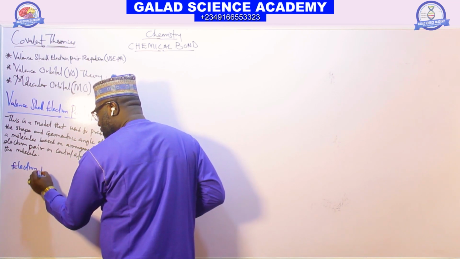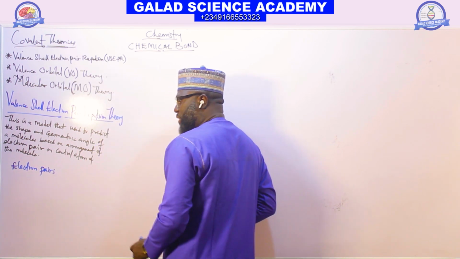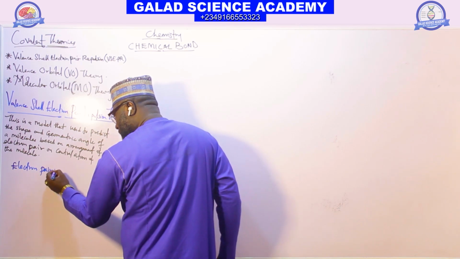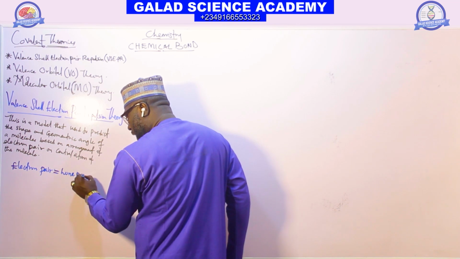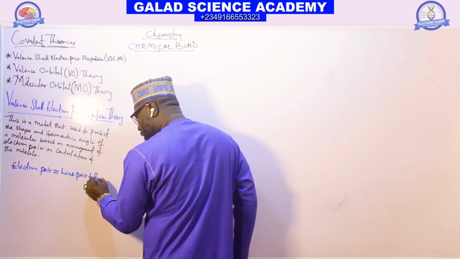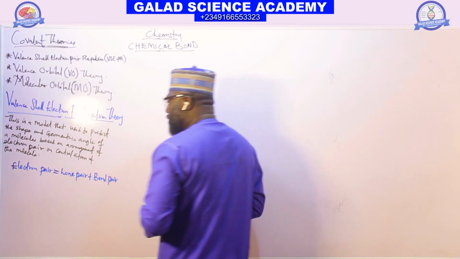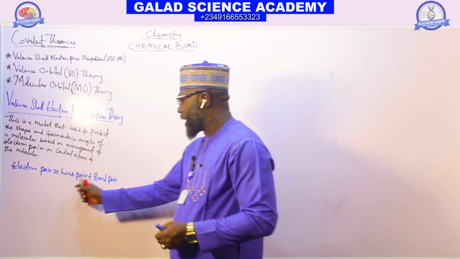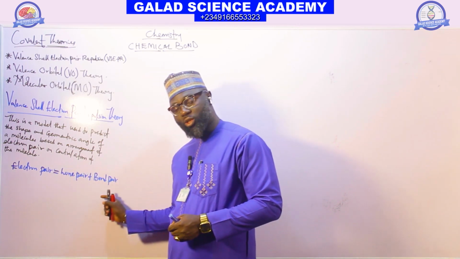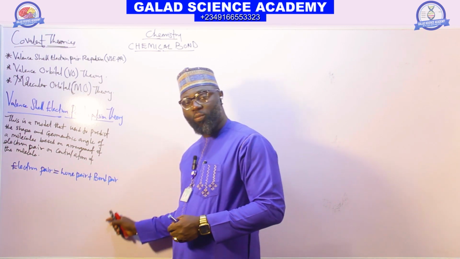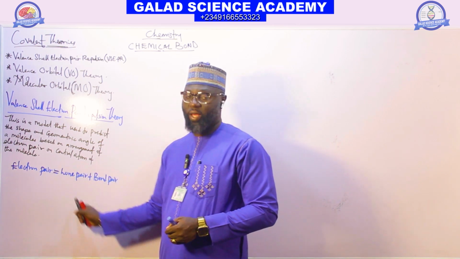The electron pairs here simply mean both lone pair plus bond pair. The sum of bond pair and lone pair of electrons at the central atom of a molecule is what we call electron pair.